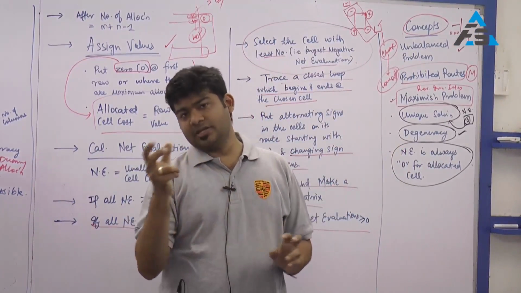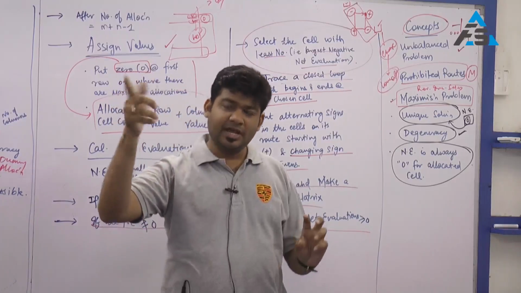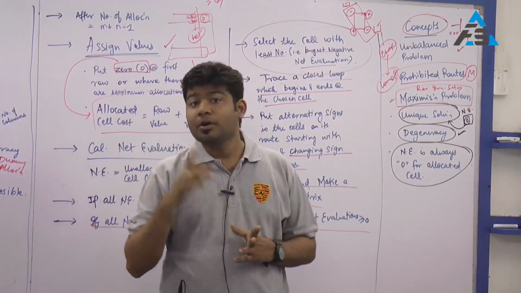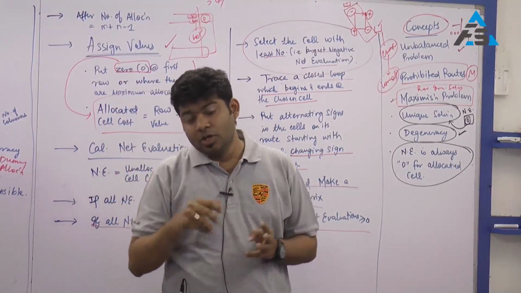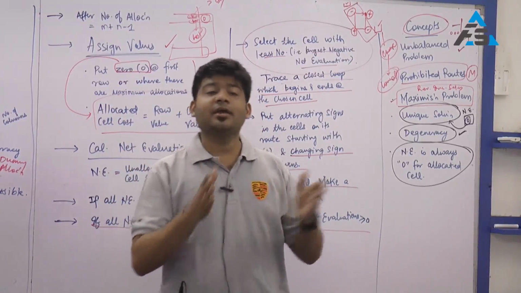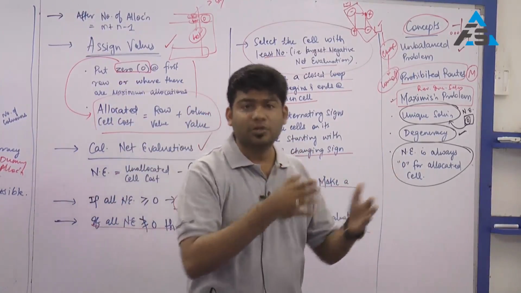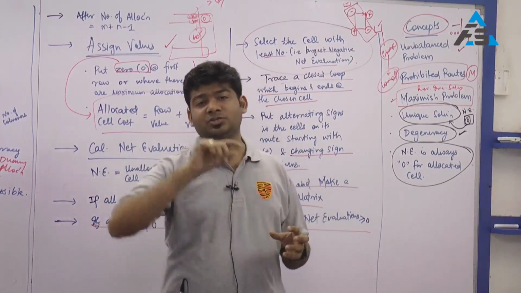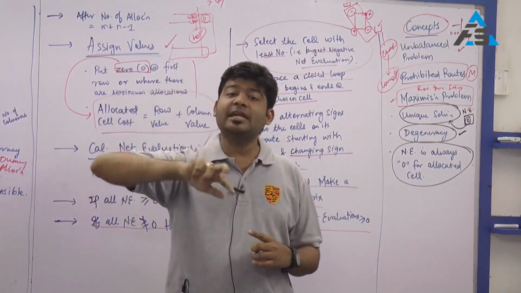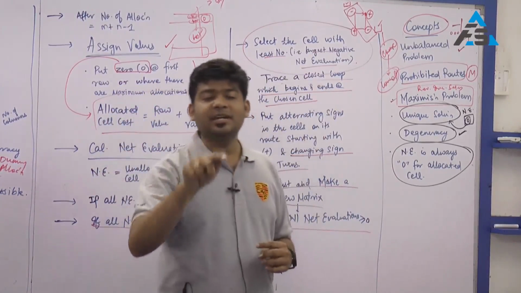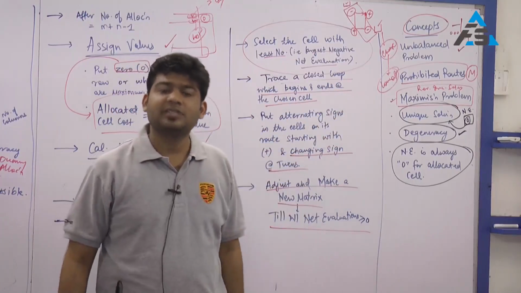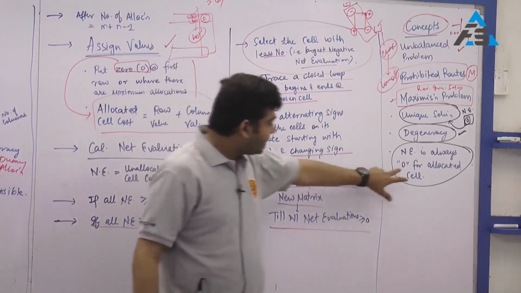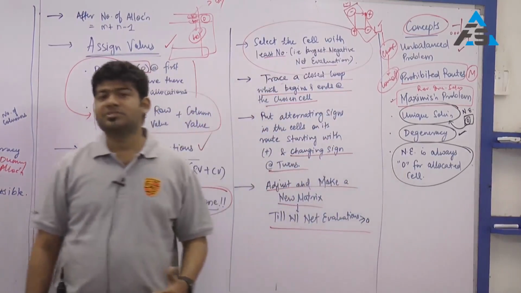So there will be certain dependent cells where there is allocation and you will see net evaluation is 0. But for certain cells the net evaluation is not 0, and you may be asked when this particular route may be used. In that case, you will tell them that when the net evaluation of that independent cell becomes 0, we will be able to use that particular cell as well. So that can also be asked as a concept question.